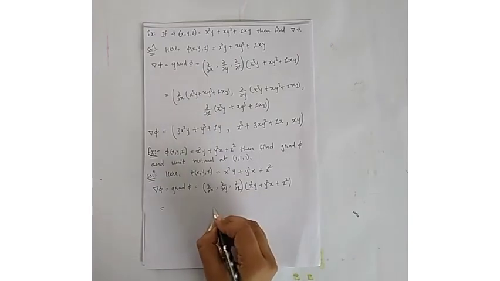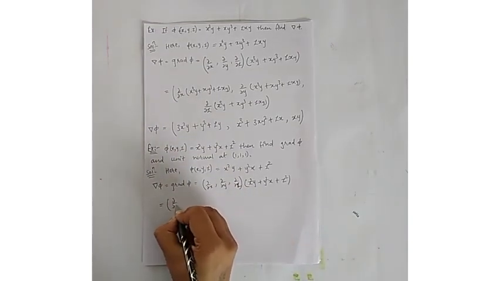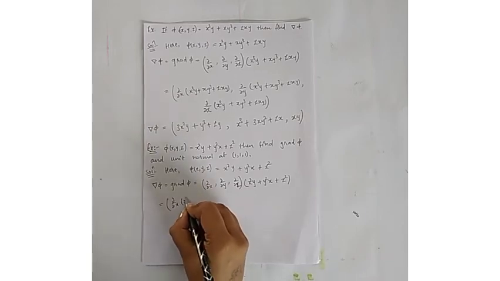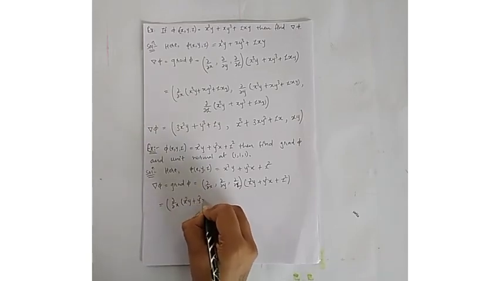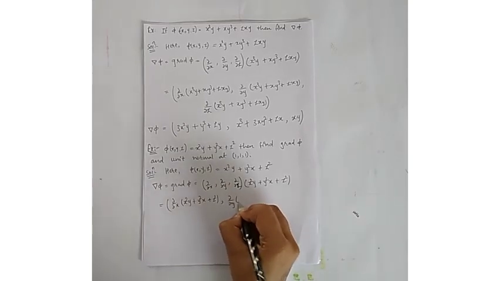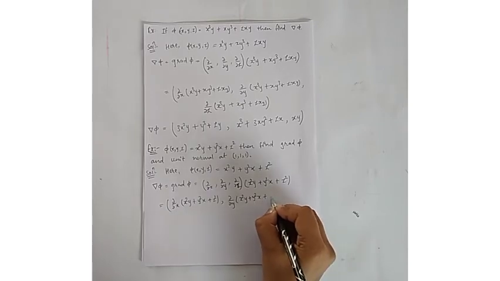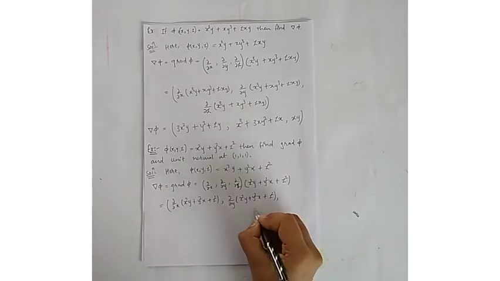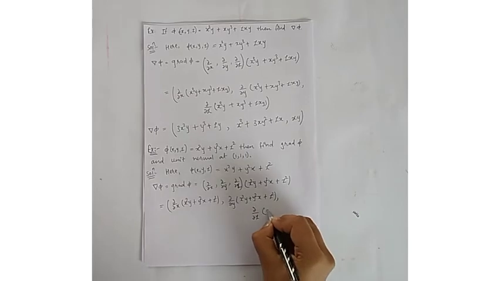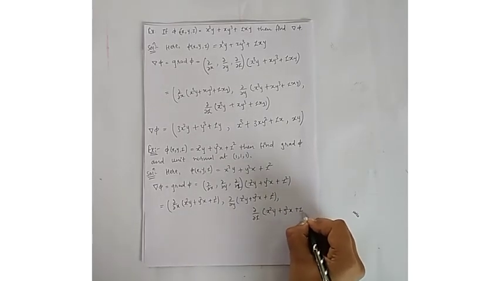Applying this operator on this function will give del by del x of the function, comma del by del y of the function, and comma del by del z of the function.